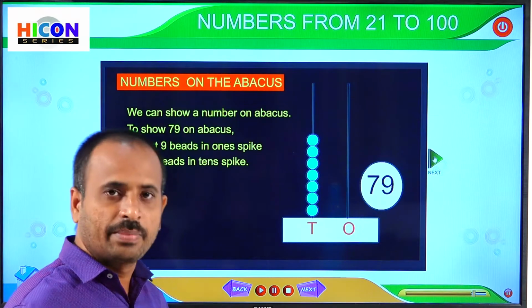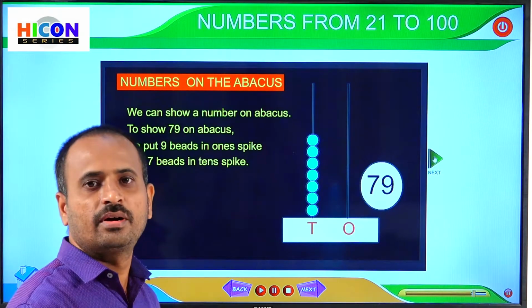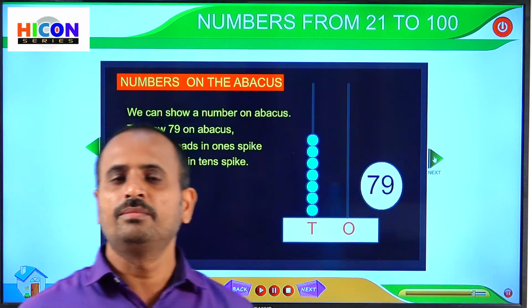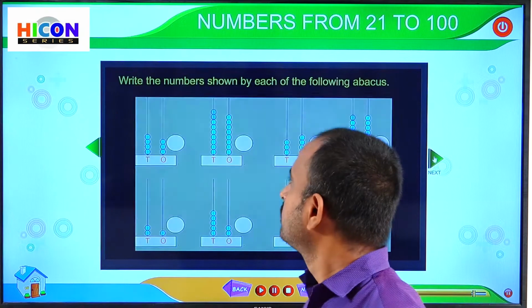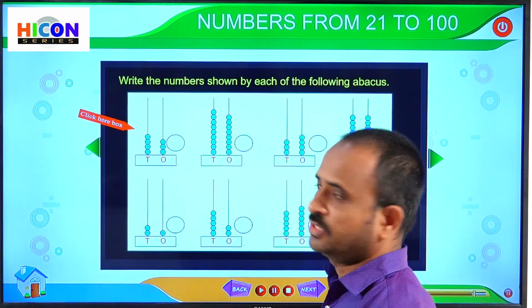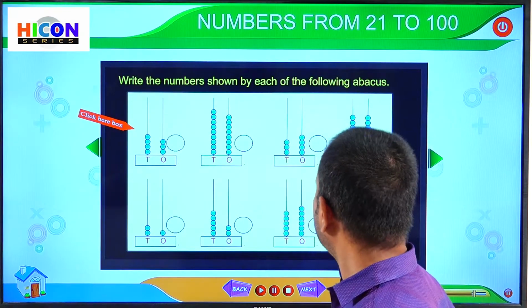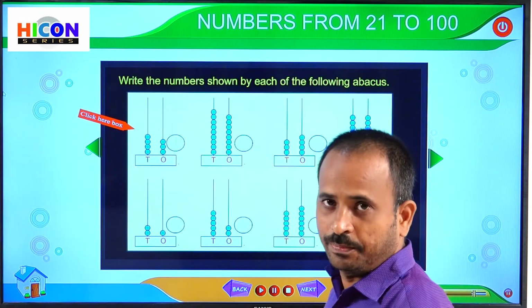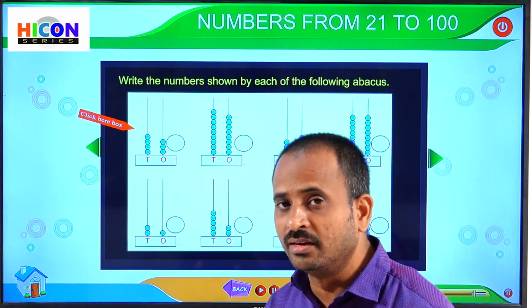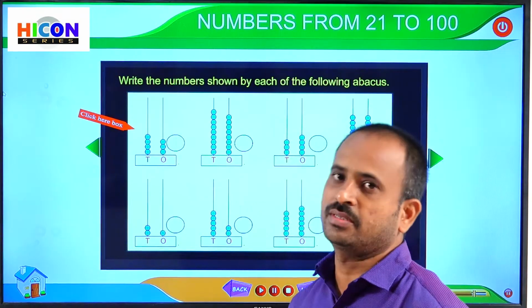So let us practice some more problems on the abacus by entering the activity part. Children, this is an activity part on the abacus. Now we have to write numbers from the abacus.